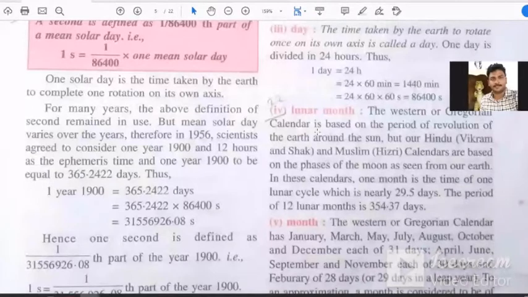In Hindi, we call them Purnima and Amavasya. A lunar month is counted from one full moon day to another full moon day, and that one lunar month is approximately 29.5 days. Whatever festivals in the Hindu calendar we celebrate are actually based on the lunar month.